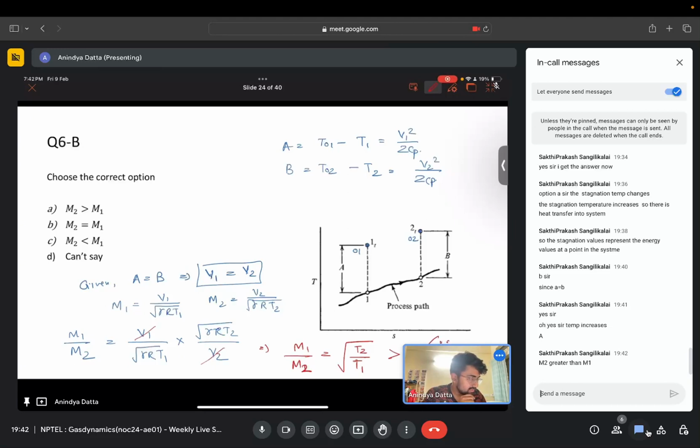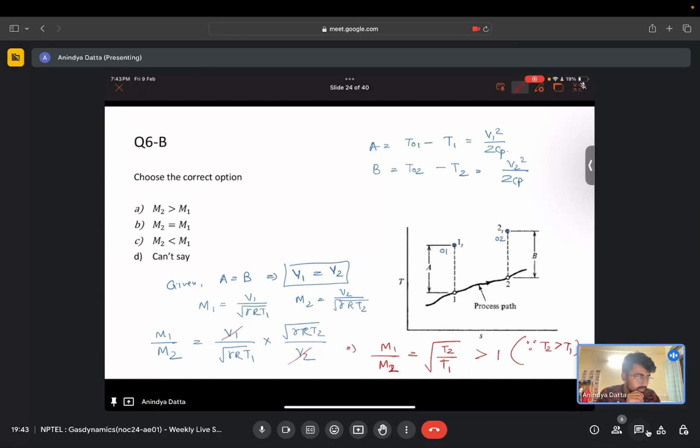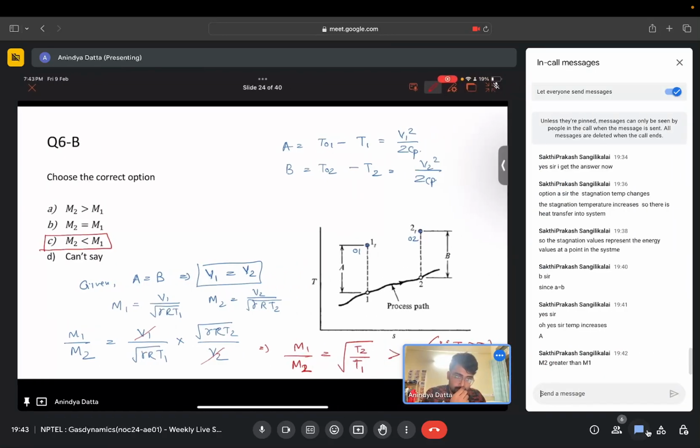Since T2 is greater than T1, it's pretty evident from the diagram, right? The temperature at state point 2 is greater than temperature at state point 1. Mach number is inversely proportional to the square root of temperature, right? So the correct option will be M1 is greater than M2, which is option C. It's clear?